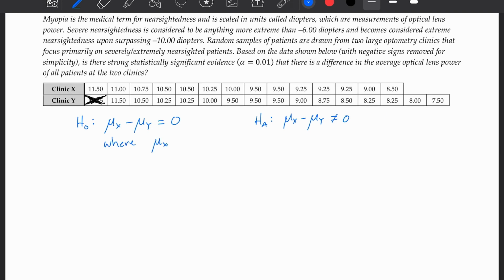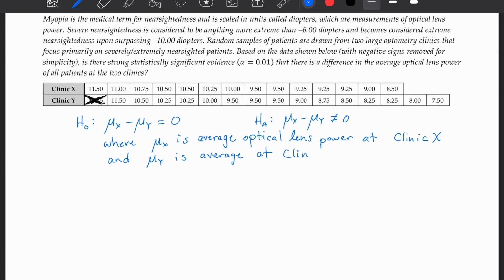Where mu sub X is average optical lens power at clinic X, and mu sub Y is average at clinic Y. I'm not going to restate the whole context for that second part because I've already stated it there. That is totally fine to do.